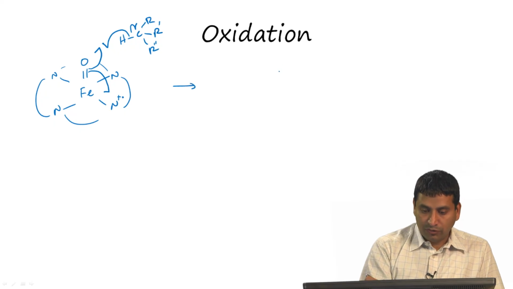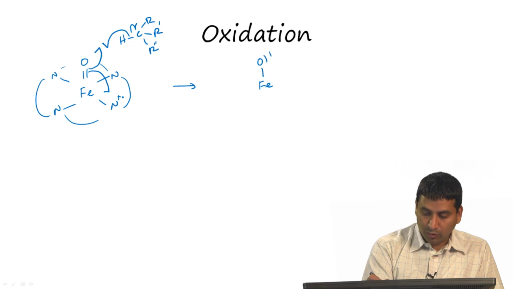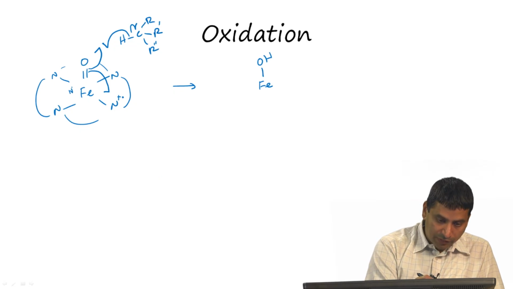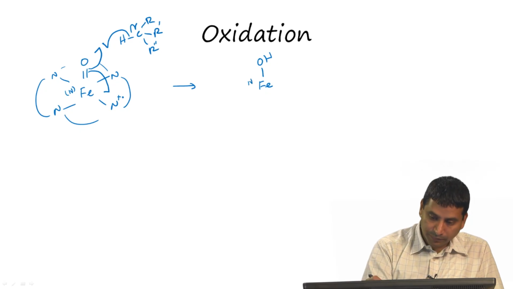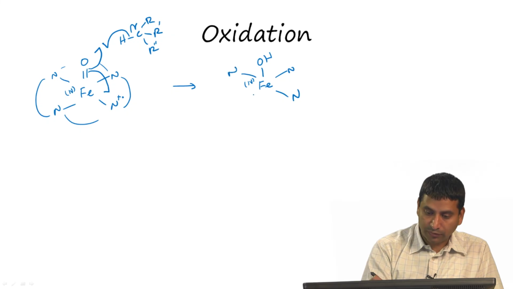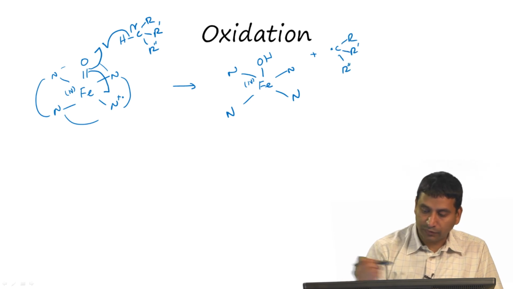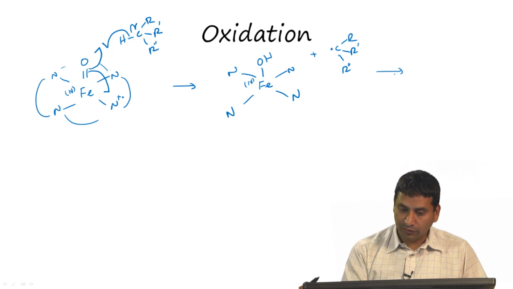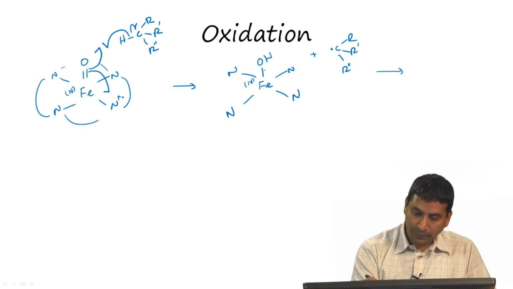Okay. So, we will produce FeOH, and now the oxidation state of iron here is +4, with nitrogen, nitrogen, nitrogen, nitrogen, and the product that is formed is C, R, R, R, which is basically a radical, and now there is an oxygen that is going to be transferred over here.